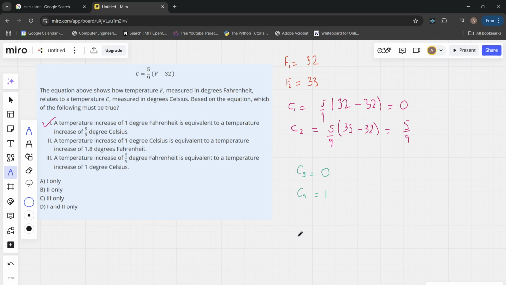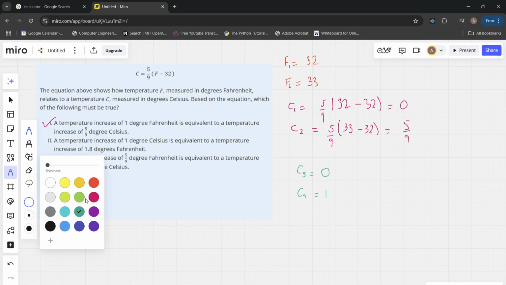Now we're going to plug these values into the equation and see what we get.